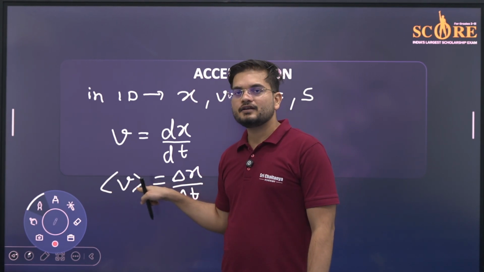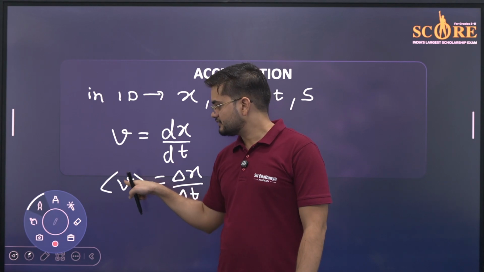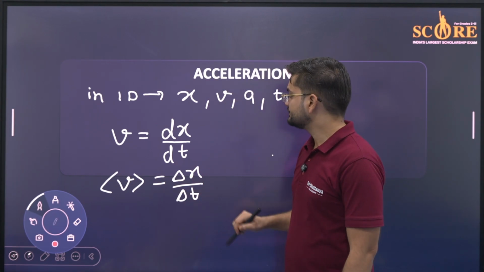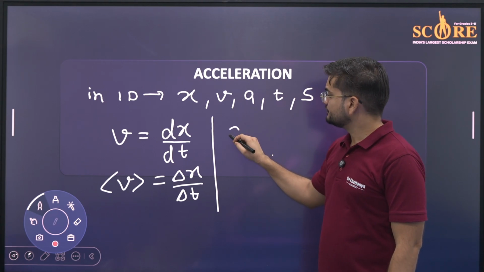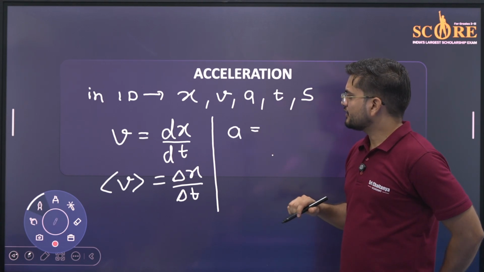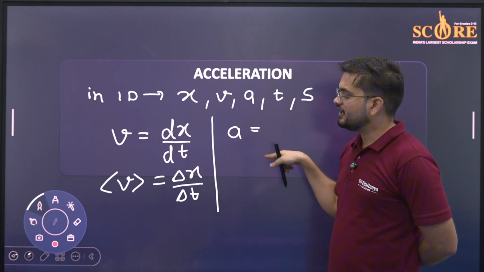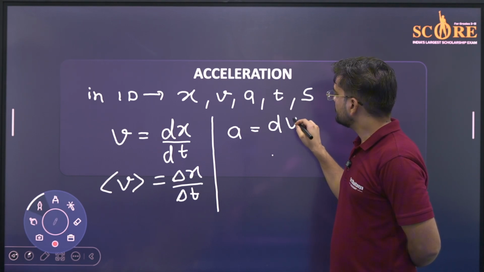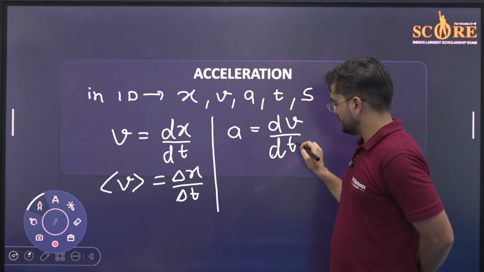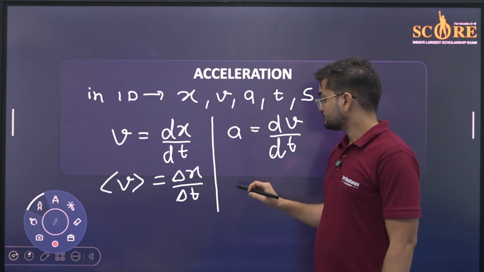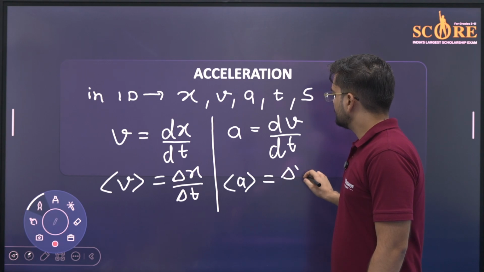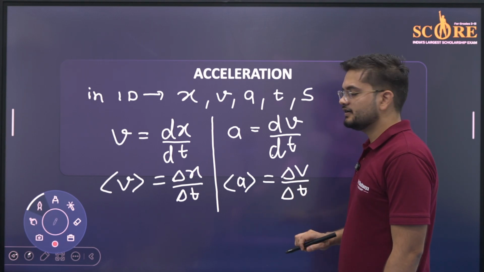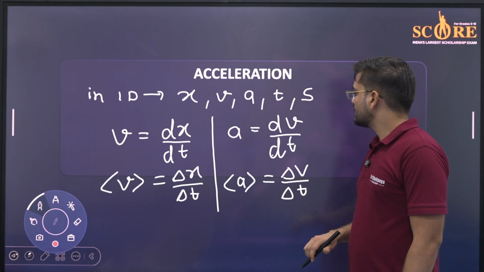This is the sign of average velocity. Clear? And for acceleration, in vector form, a vector is dv by dt. Then in 1D, acceleration will be dv by dt, and average acceleration will be delta v by delta t. Got it?